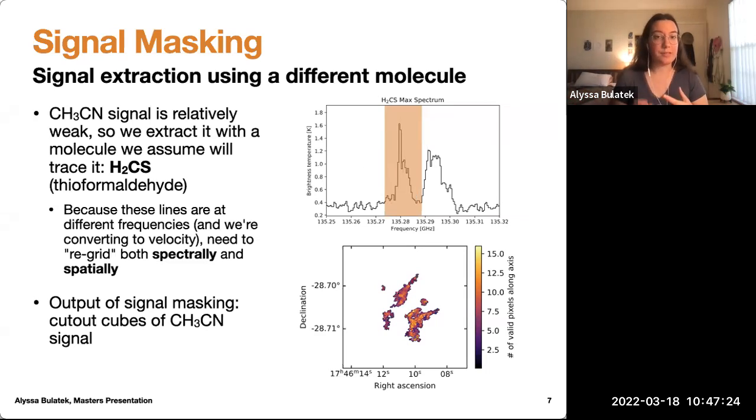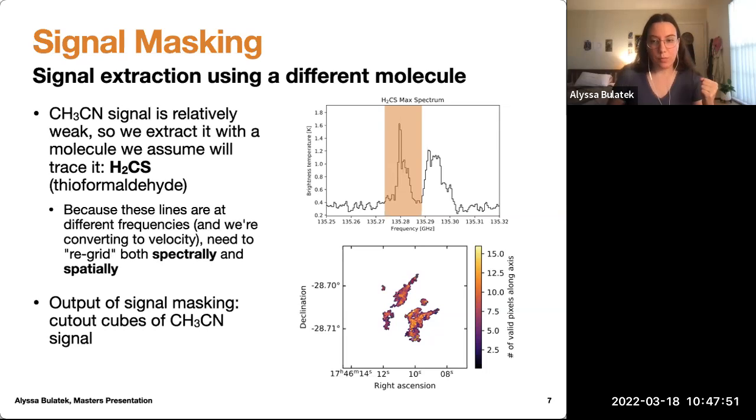The channel width, as well as the spatial resolution of the telescope, is different for the 2 cubes that the lines come from. So we have to regrid the cubes, both spatially and spectrally, onto one another so that we can get them on the same spatial and velocity grid. That was the topic of my first tutorial, how to do that signal masking process.